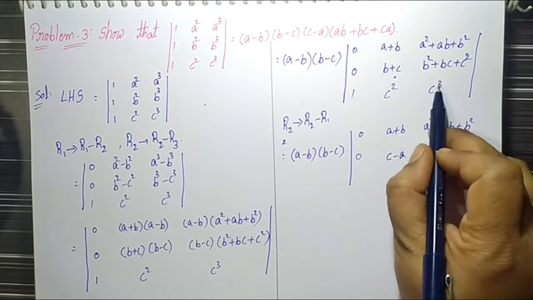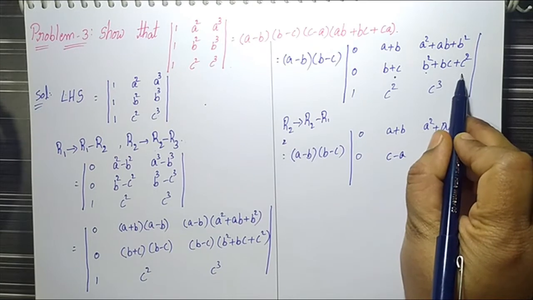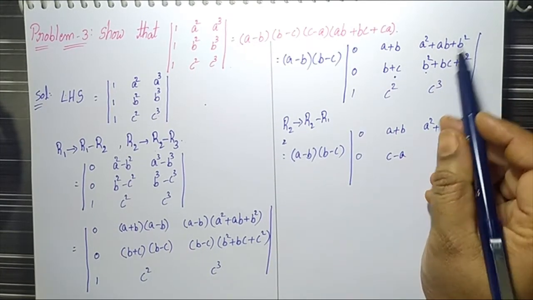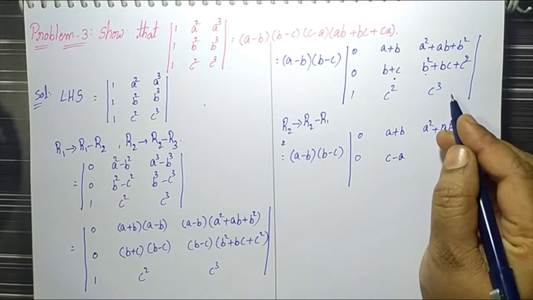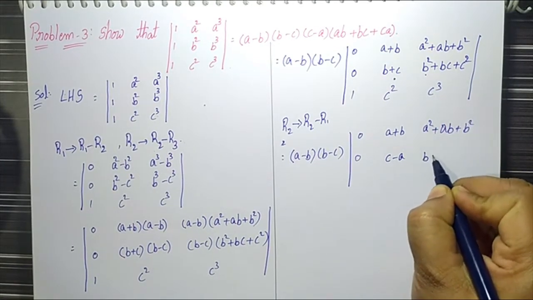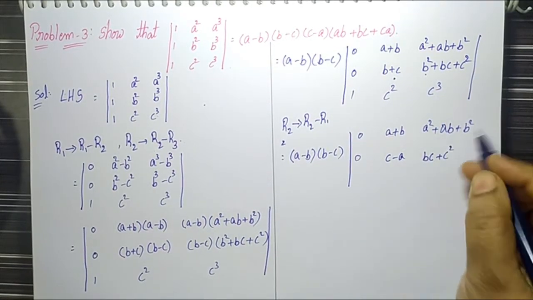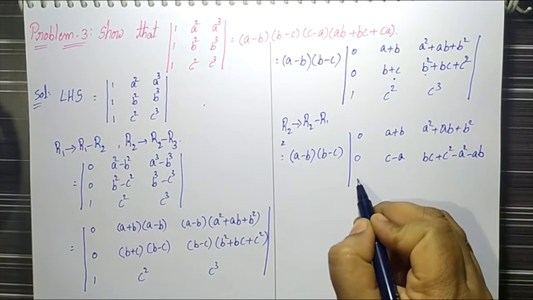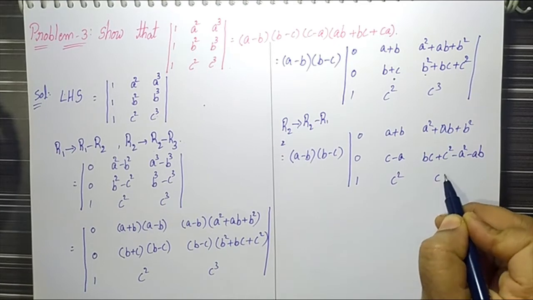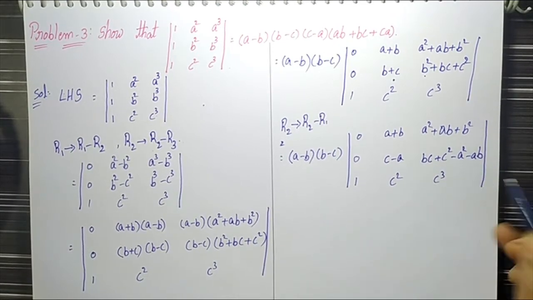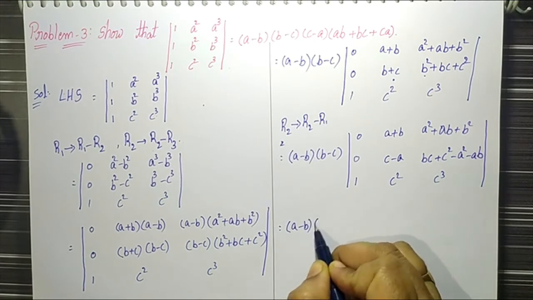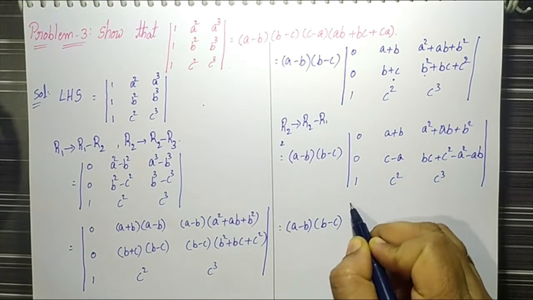Then b² plus bc plus c² minus a² minus ab minus b²: the b² terms cancel, and the remaining value is bc plus c² minus a² minus ab. The third row is 1 c² c³.